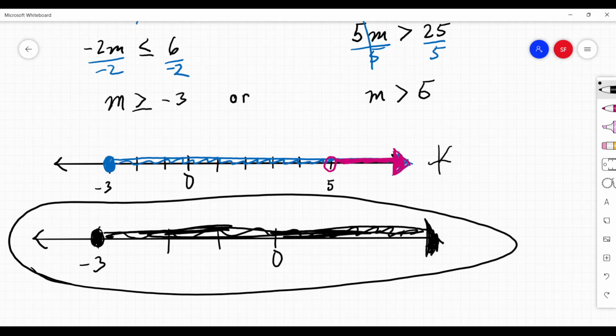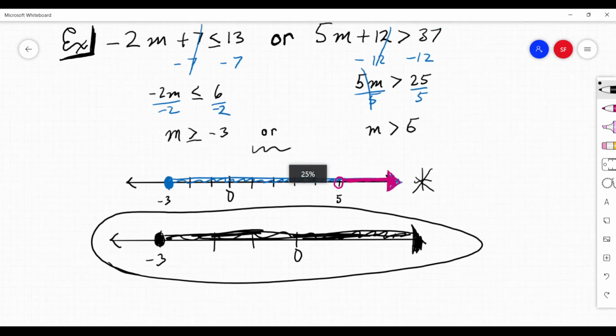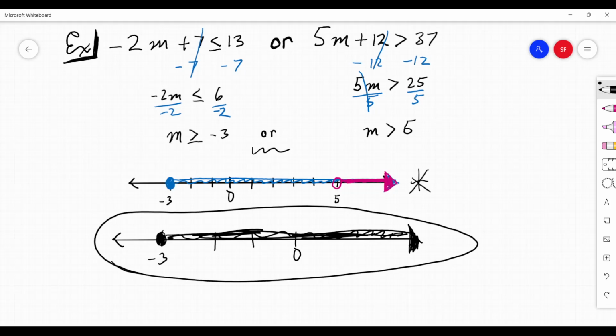This one here is the notes for why it works out that way because of this word. The second one is just all shaded. That's the real answer for this graph because of the word or. It would include the 5 as well now, because the or means if it comes out true for either one of these, then it's a true answer.